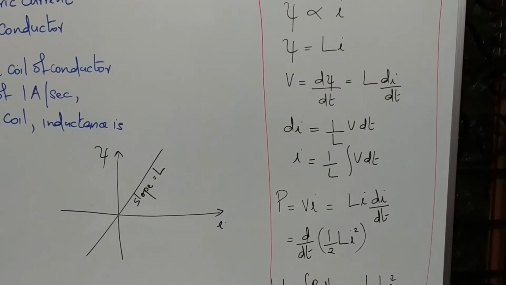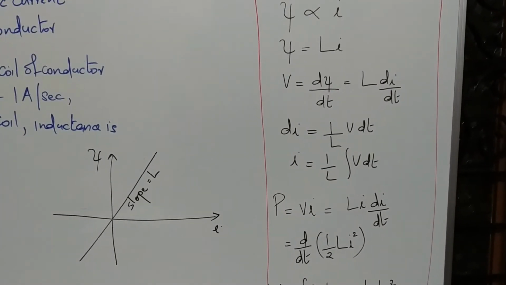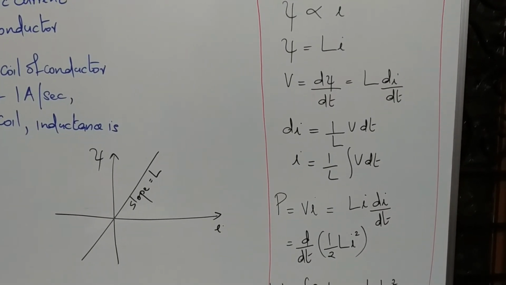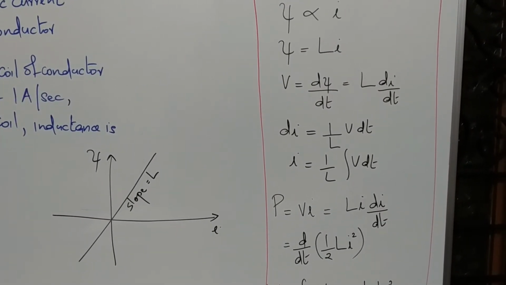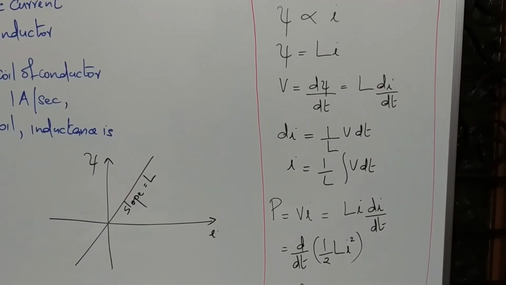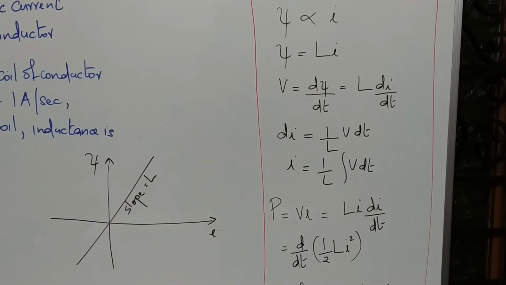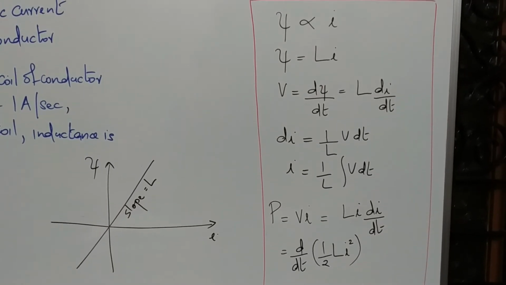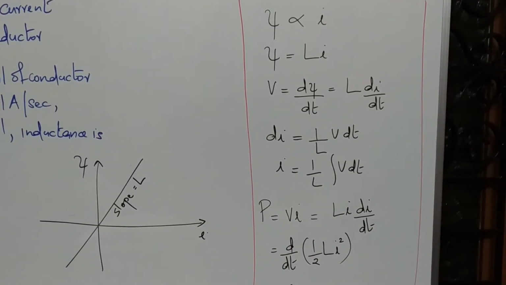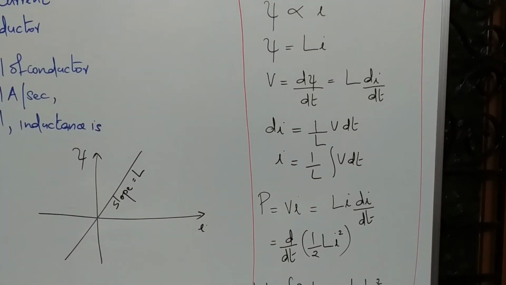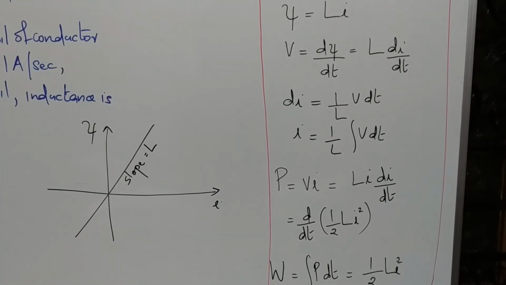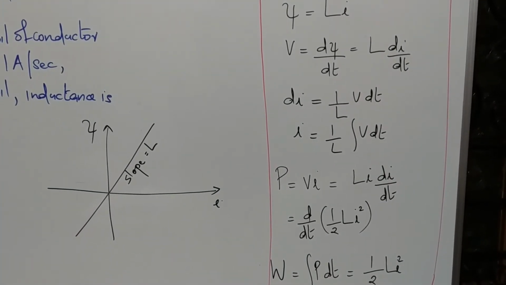So from there we can write down the voltage drop across the coil, which is V equal to d psi by dt. Substituting for psi, we will get V equal to L into di by dt. So voltage developed across a coil of inductance L is given by V equal to L into di by dt. From there, we can write the equation di equal to 1 by L V dt.